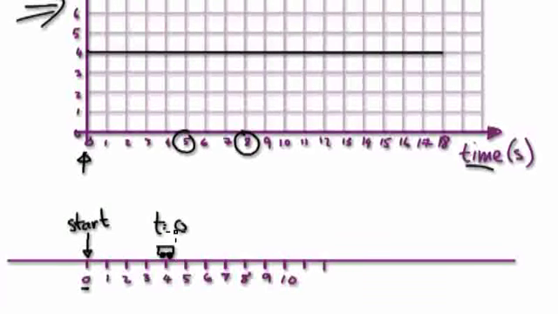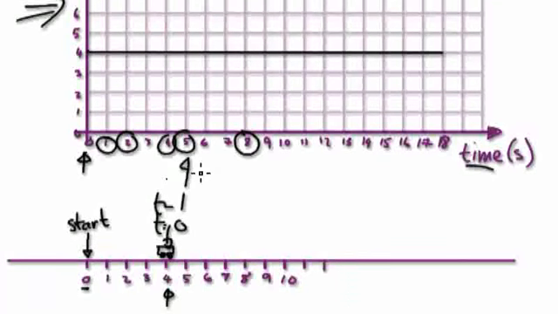At time equals 1, you're still 4 meters away from the start. At time equals 2, you're still at this point here, still 4 meters away. At t equals 4, you're still 4 meters away.